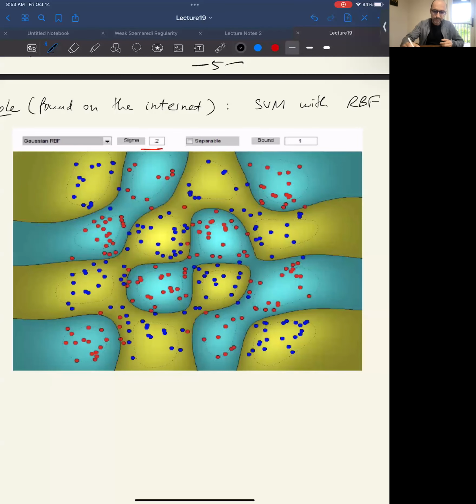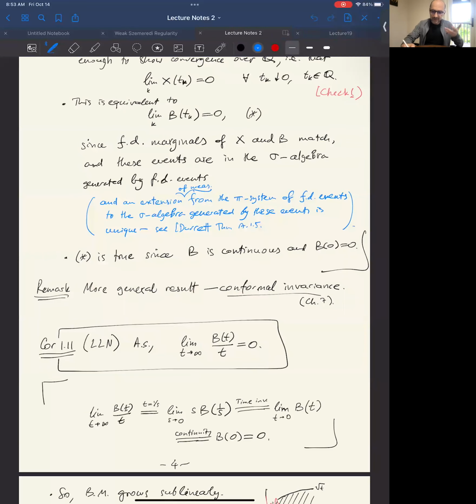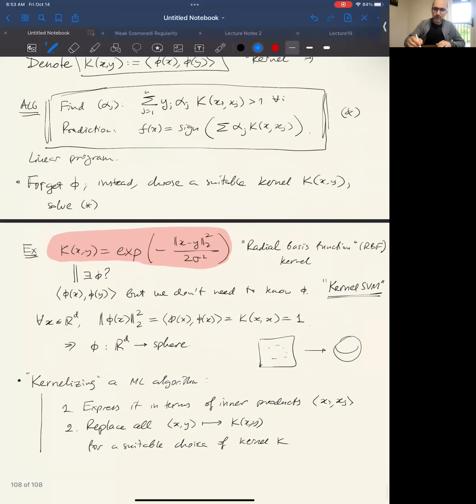For example, if this behaves funky, then instead of the Gaussian here, don't take the square, just the norm of x minus y. It may be more robust, but it will produce somewhat strange surfaces. So yeah, there is no general recipe for that. Okay, so there is just, for example, a list of kernels.